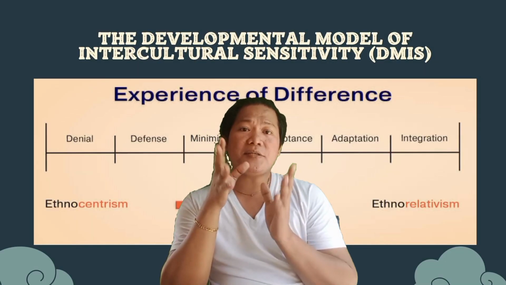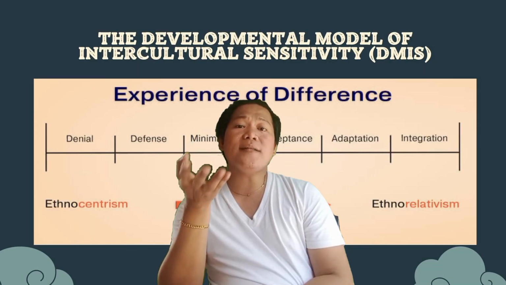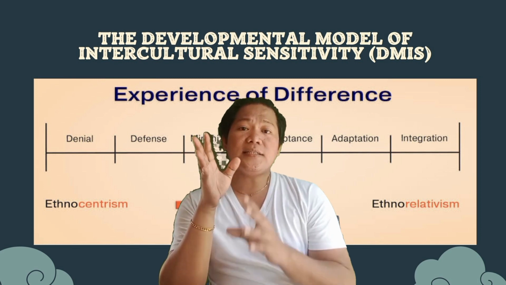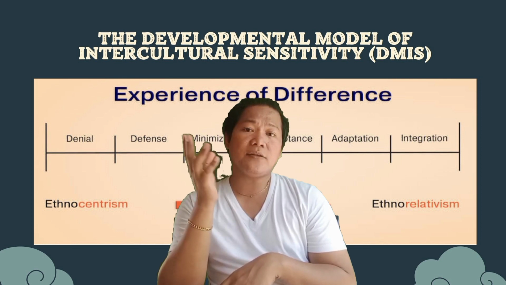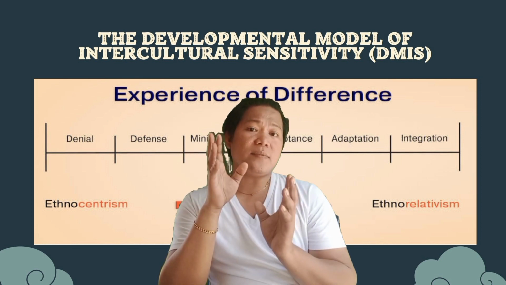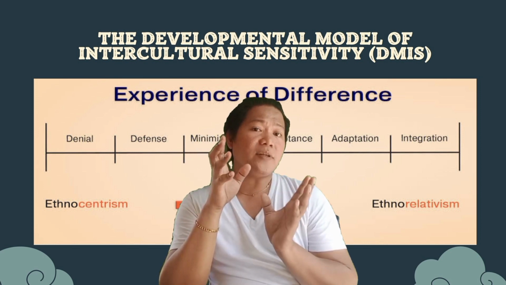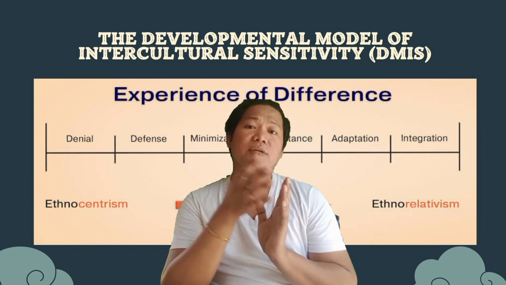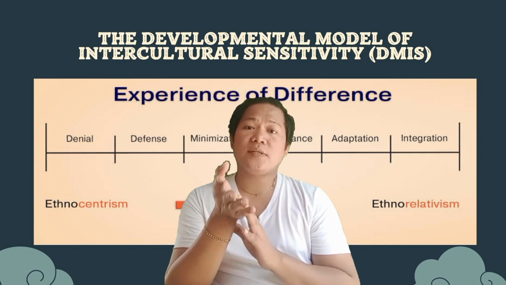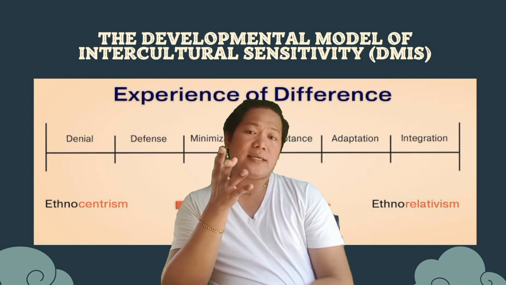So ethnocentrism is the worldview in which one's own culture is central to all reality, according to Bennett, 1993, whereas ethnorelativism is being comfortable with many standards and customs, and having an ability to adapt behavior and judgment to a variety of interpersonal settings.